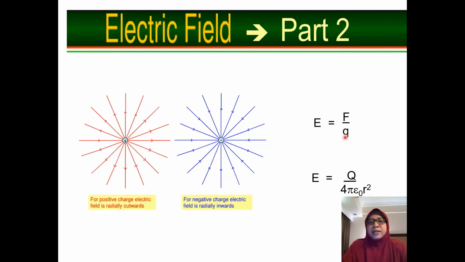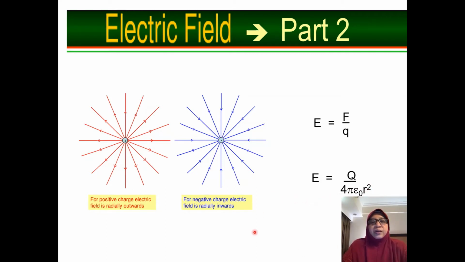And also we have discussed the formula E equals F per Q. This is the definition of the electric field. And for further derivation from this equation, we derive electric field equals Q per 4 pi epsilon naught R squared, where R is the distance from the charge.